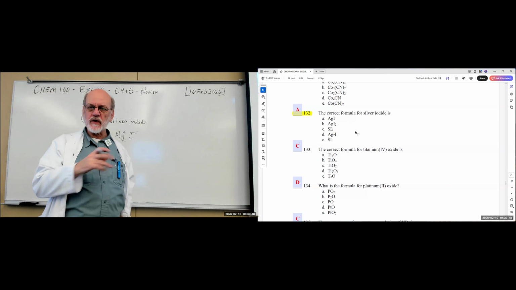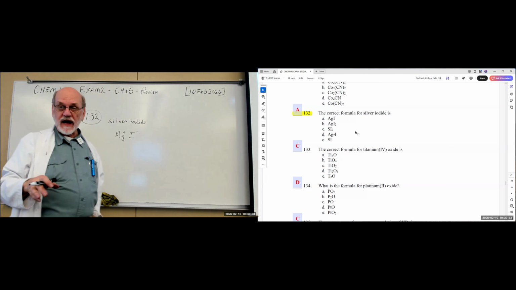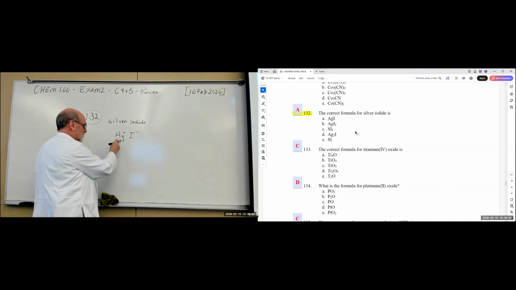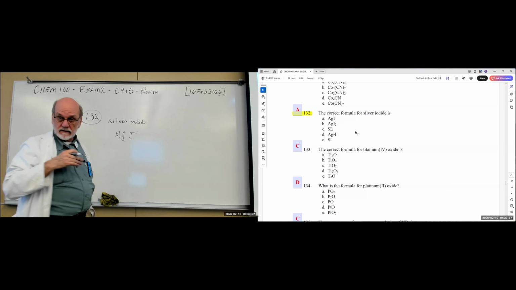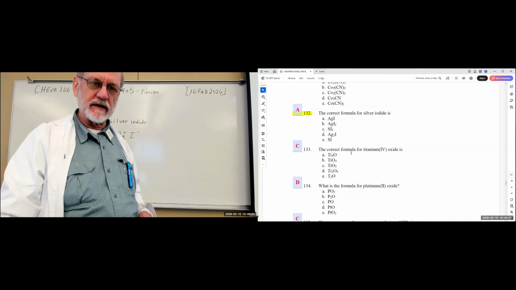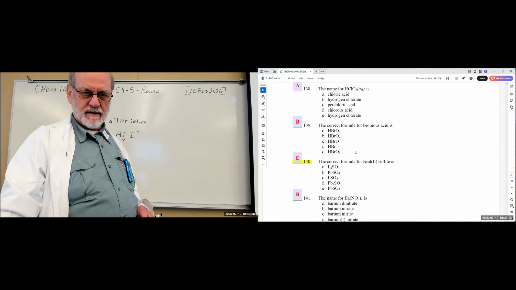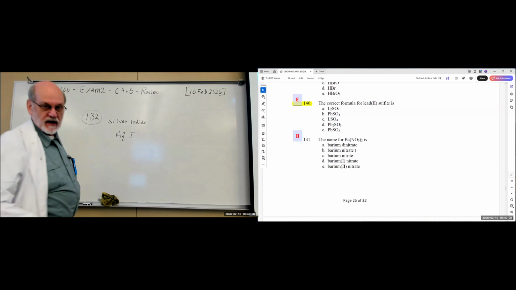Remember, silver is one of those transition metals that has a fixed charge. So the name silver iodide is correct for AgI. That's it. Unambiguous, not redundant. Lots of repetition, lots of practice.